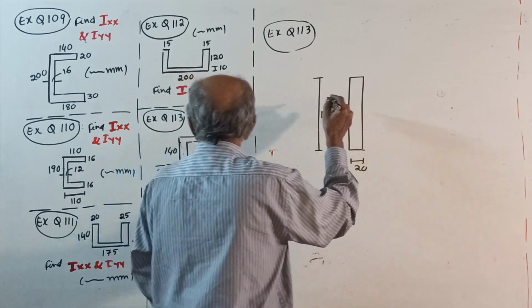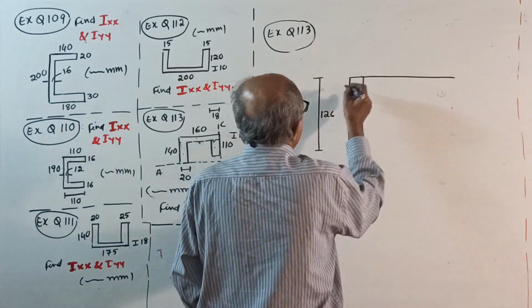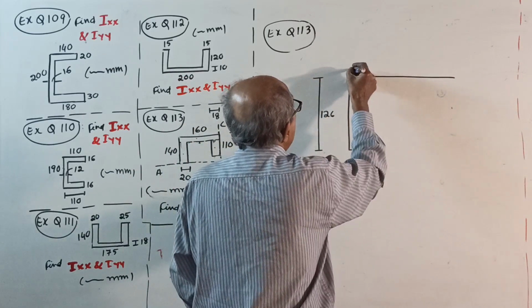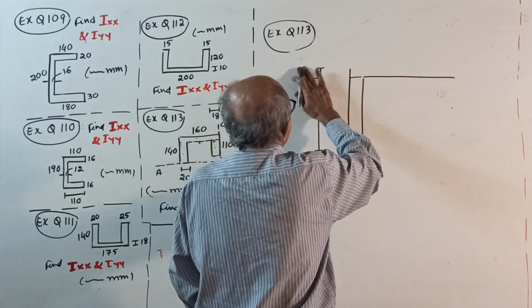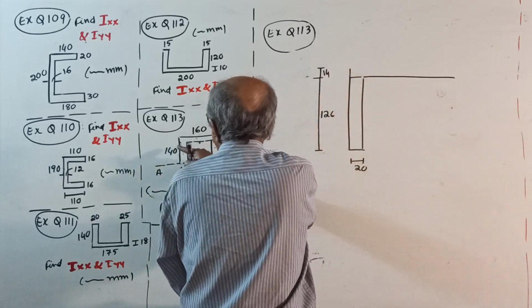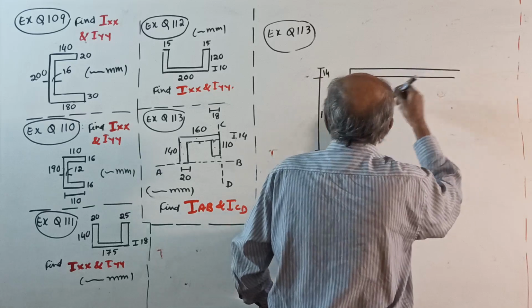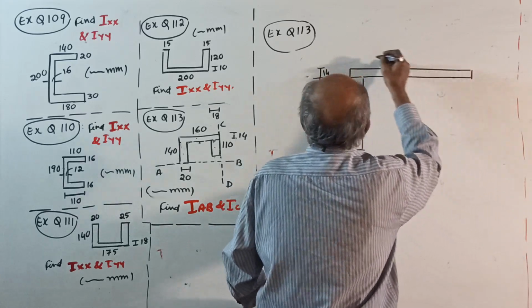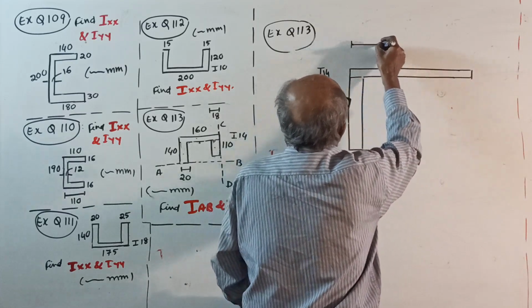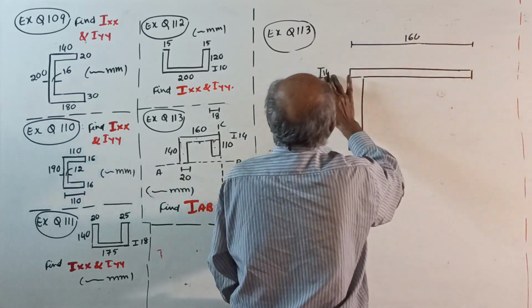Then above that a rectangle this way of thickness 14 and length full 160. Okay, 126 up to here. So I write here, this full length is 160, thickness 14 over here.